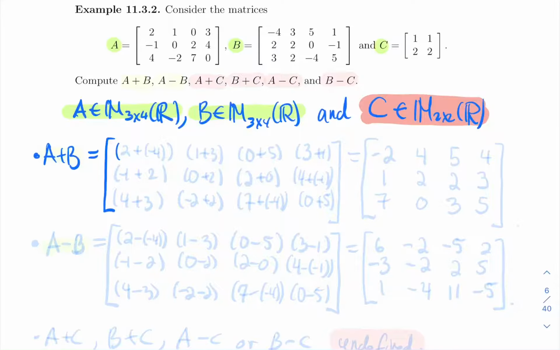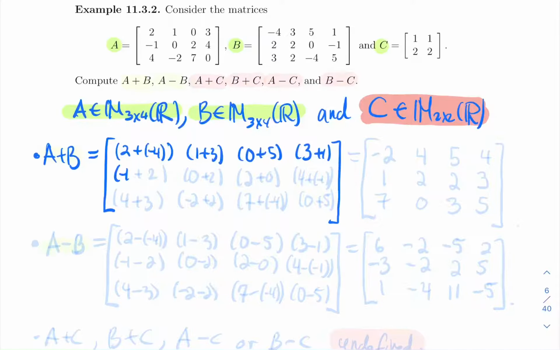So here, 2 plus minus 4. That will be the first entry, first row, first column. Then we have 1 plus 3, then 0 plus 5, then 3 plus 1. That's my first row.